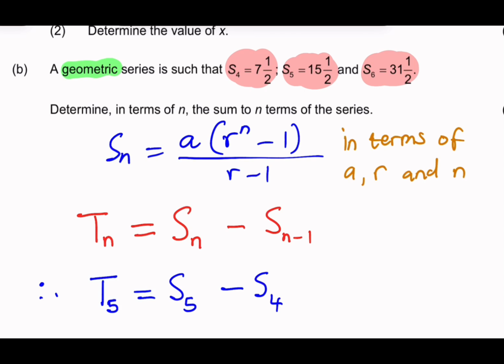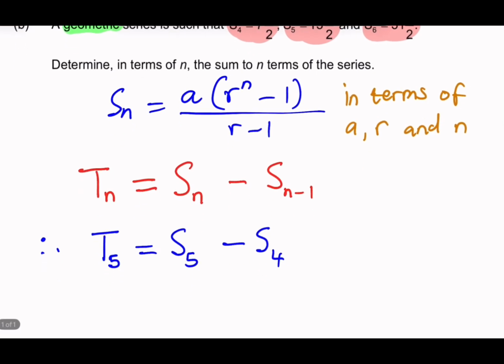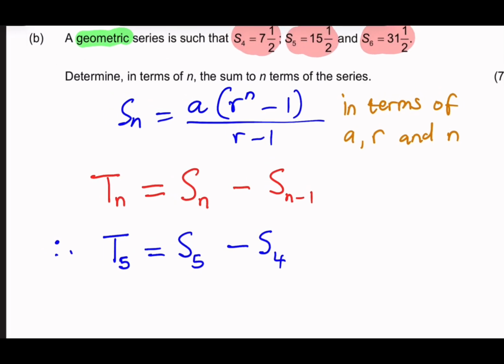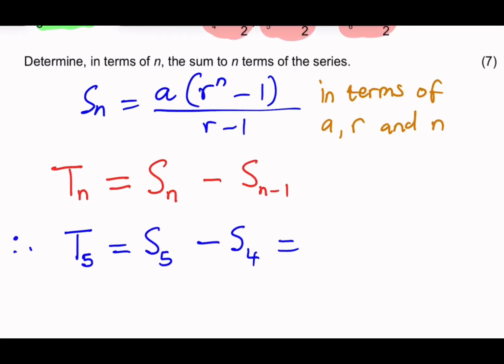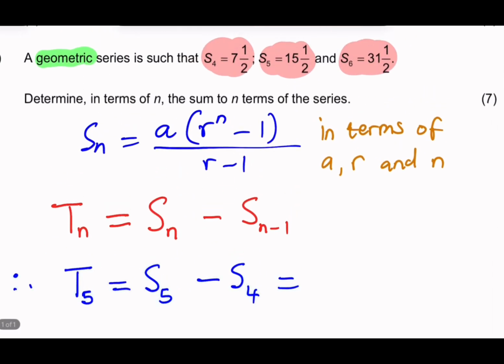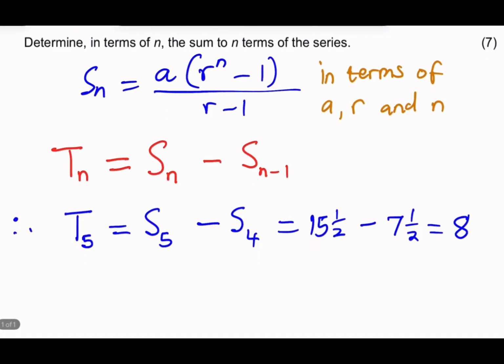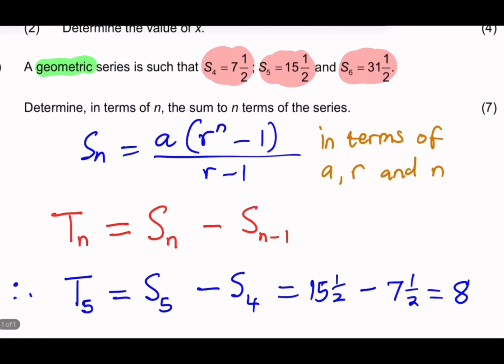This is what we're learning from that red formula, and we can then just substitute in this case. S5 is 15 and a half minus 7 and a half, and that's clearly 8. Okay, so we get that, and we can do the same thing with S6 because we have S6 there.